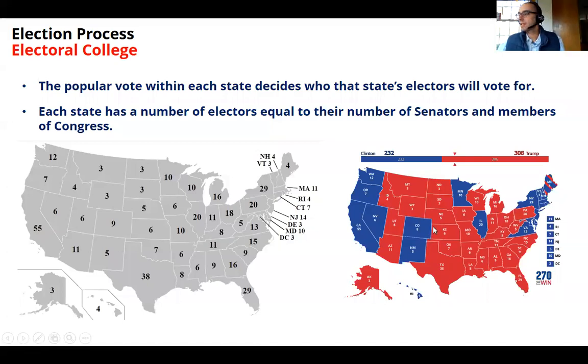Nebraska, first of all, let me say there's not a lot of people in Nebraska and not a lot of people in Maine. So these aren't the most important states, although this time if it comes down to a real close race, they may be important. For every state, like Pennsylvania, we take all the votes across Pennsylvania, put them in a pile, and count them. The winner of Pennsylvania gets all 20 electoral votes.